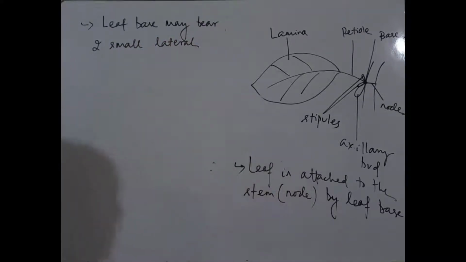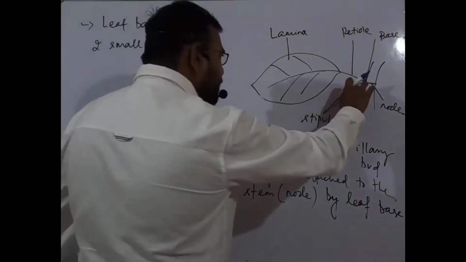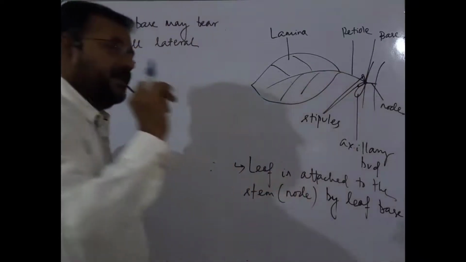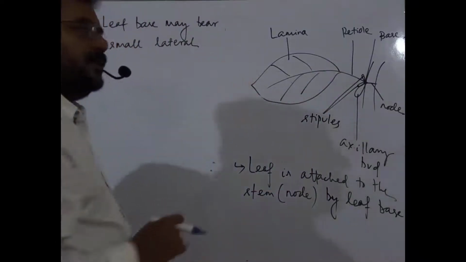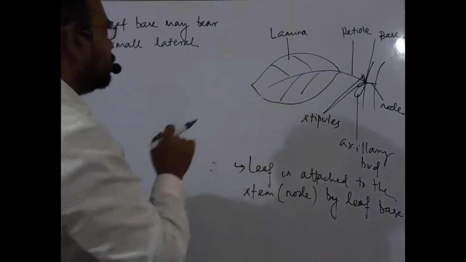Leaf base may bear two small lateral leaf-like structures. ये भी लीफ जैसा है, ये भी ग्रीन कलर है, ये जो stipules है ना. So लीफ जैसा स्ट्रक्चर है, लेकिन लीफ जैसा इतना बड़ा नहीं है, छोटा है, लेकिन ग्रीन स्ट्रक्चर.